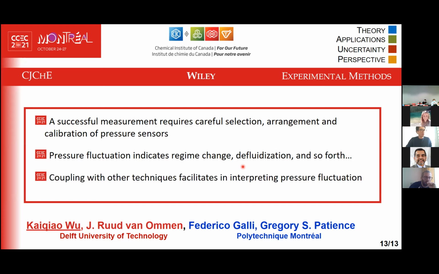And also we would like to couple pressure measurements with other techniques, and that will definitely help to understand more about these pressure fluctuations. So, okay, that's it. Thank you for your attention.